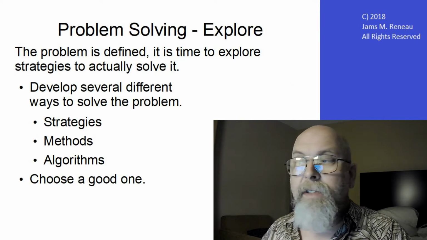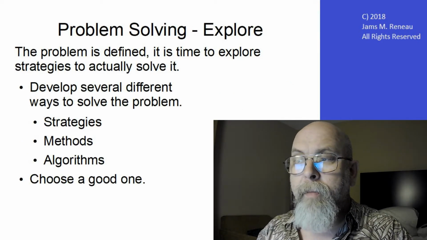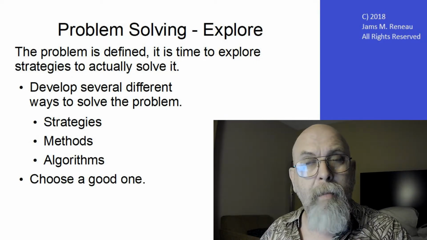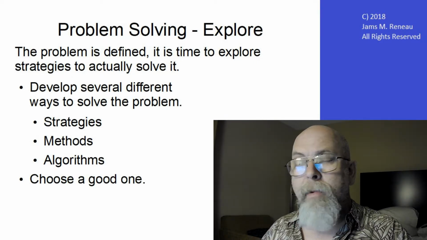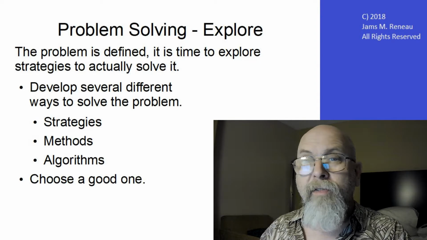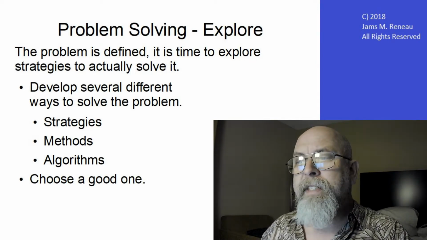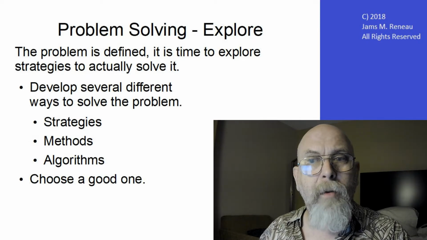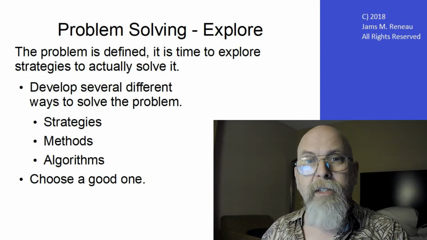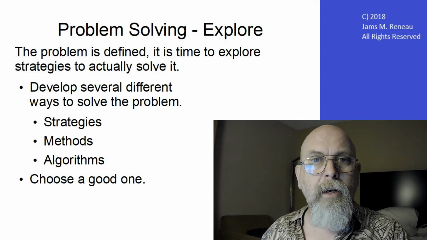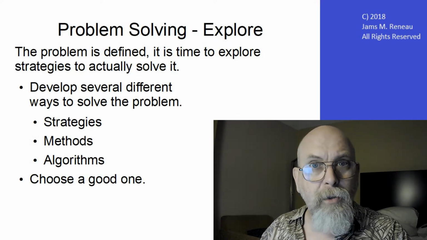The third phase is to explore the problem. Now that we've defined the problem, now that we've identified the problem, it's time to explore various strategies to actually solve it. Develop several different ways to solve the problem. Strategies, methods, algorithms. There might be several different solutions.